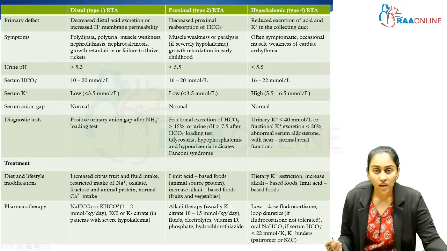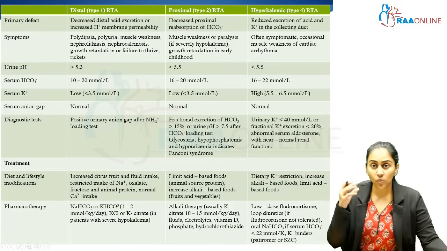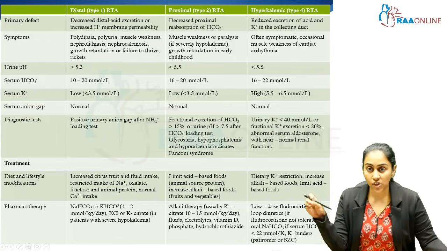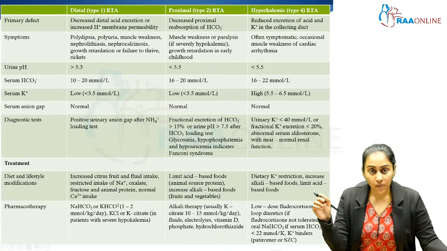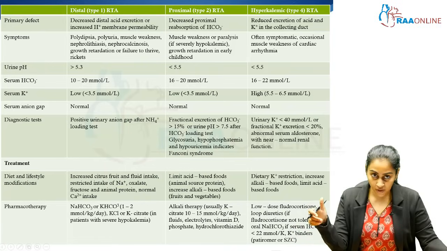So, overall, as we wrap this session on renal tubular acidosis, let's try to quickly recall, compare and contrast the important features of each one of these three types. So, type 1A, acid secretion defect.